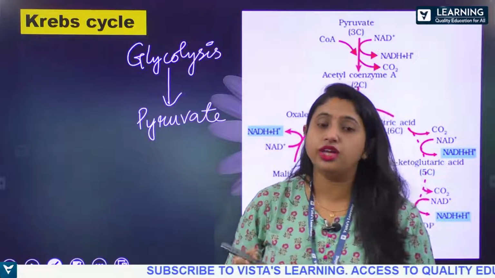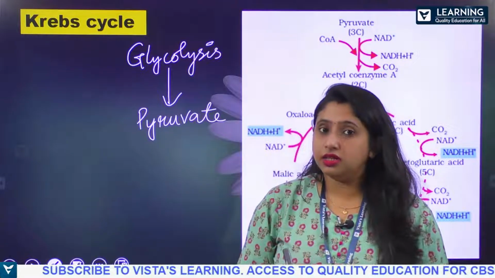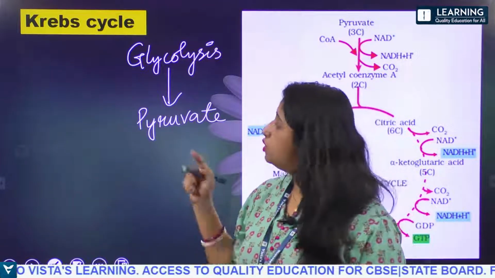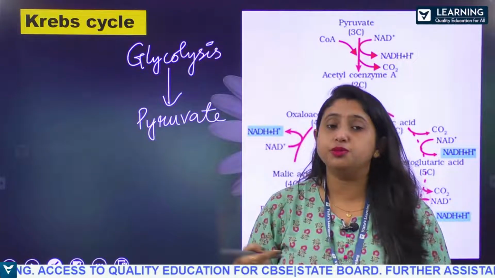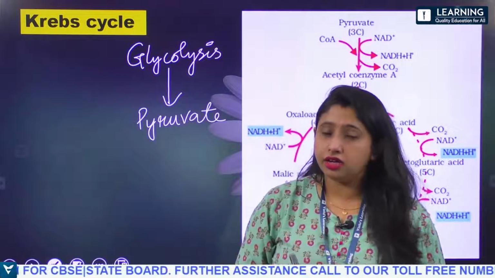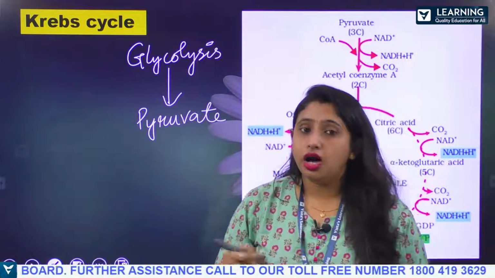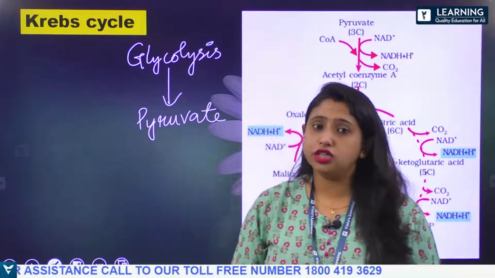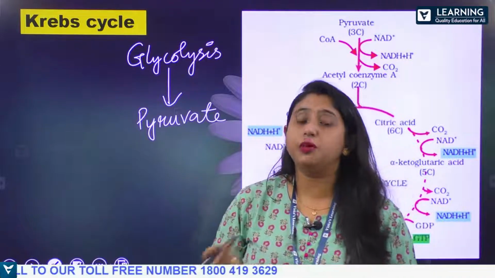Lactic acid, as when it is formed in the muscle, isn't it? And this pyruvate is also responsible for the formation of carbon dioxide and ethanol, which is used in the fermentation of yeast.